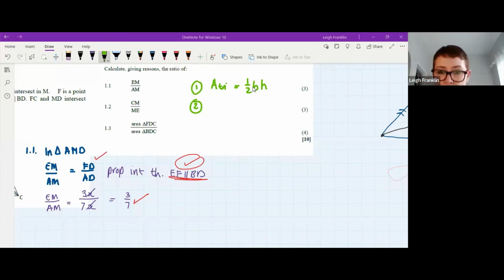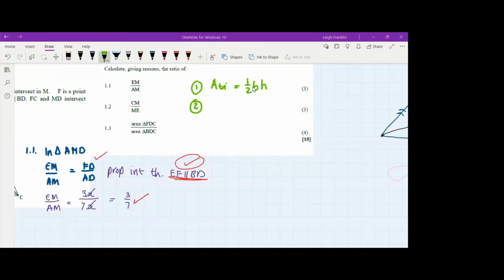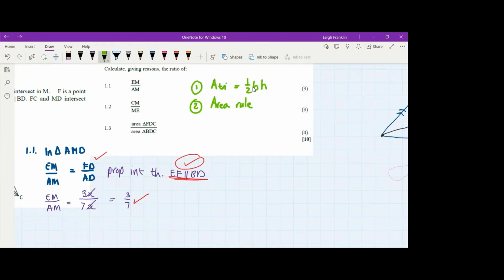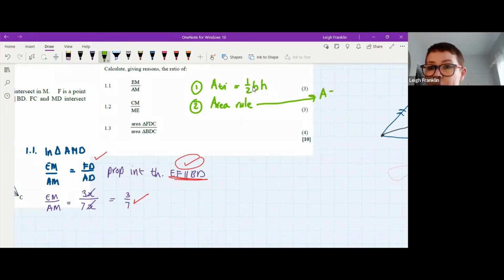Another way is you say half times A times B times sine C. That's it. Okay, so that's the area rule. Do you remember the area rule from trigonometry? Oh, yes. Okay, so that sometimes comes up as well, and it's exactly as was said.